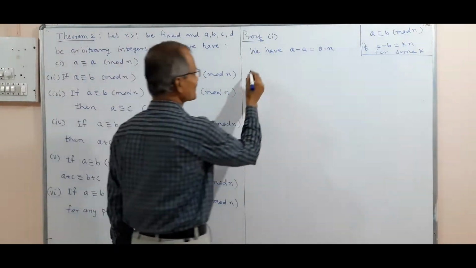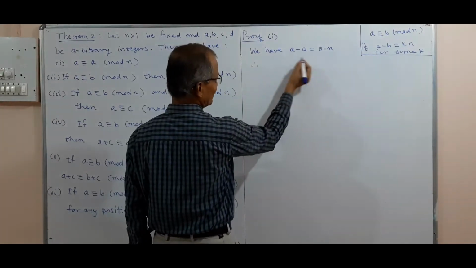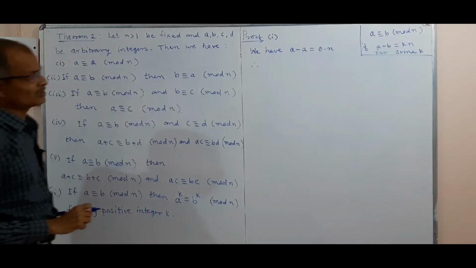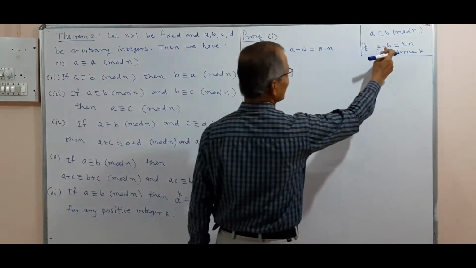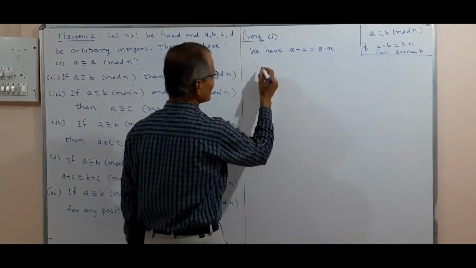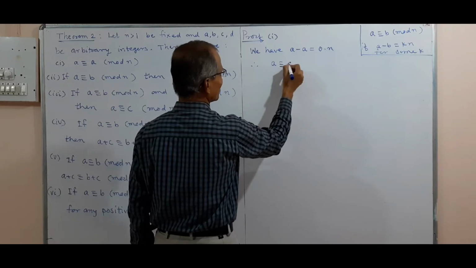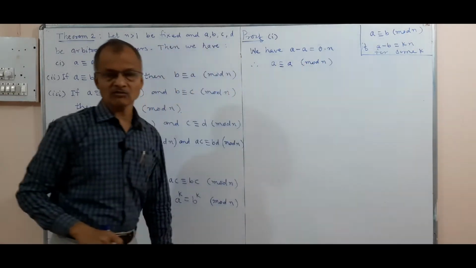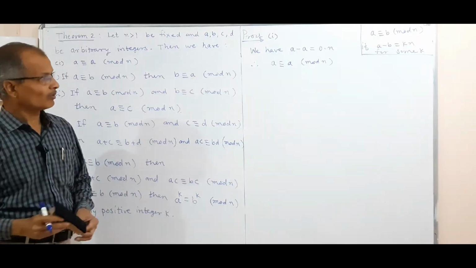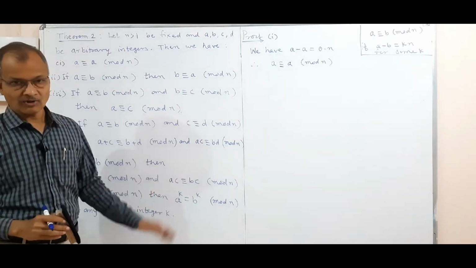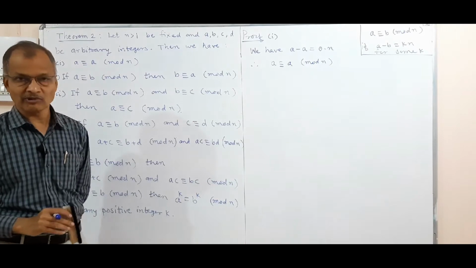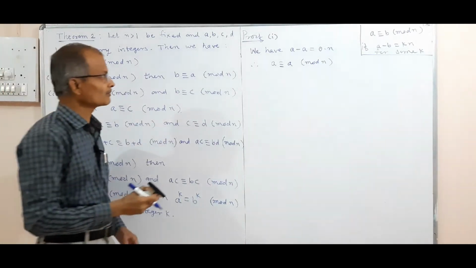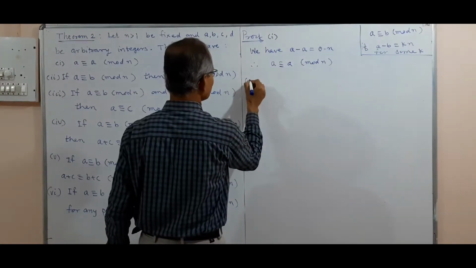Therefore n divides a minus a, that means a is congruent to a itself. Every integer is congruent to itself for any modulus, because a is equal to a, and equality is a stronger relation than congruence.